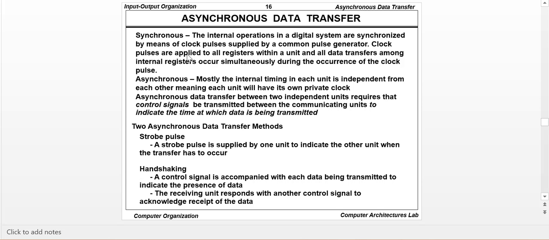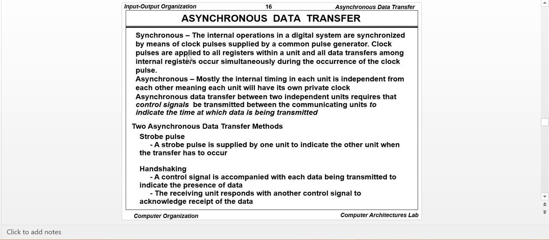So the clock pulse in one unit will be different from the clock pulse in the other unit, because they are generated by two different private clocks. But data has to transfer from one place to another. So along with the data, some other control signal has to be transmitted for the data to be properly transferred from one place to another.